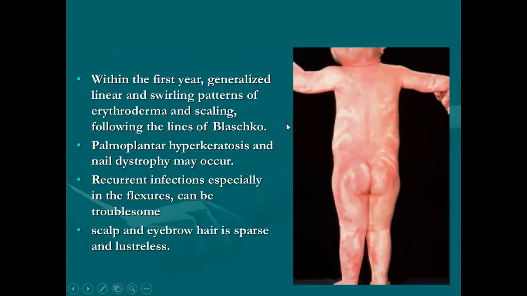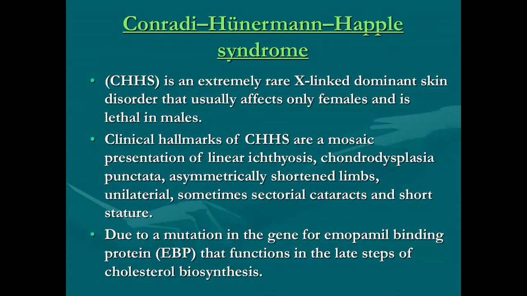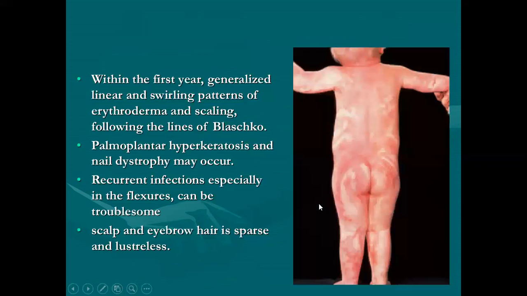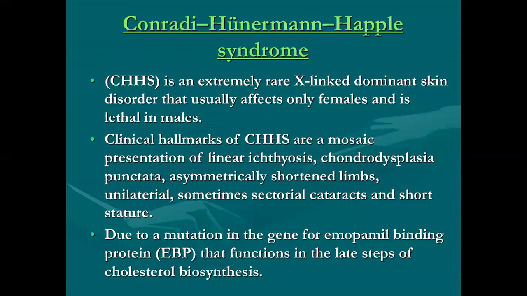The main feature of ichthyosis in CHHS is linear ichthyosis in Blaschkoid distribution. In addition to that, the other systems involved include the eyes, resulting in cataract, and asymmetrically shortened limbs.